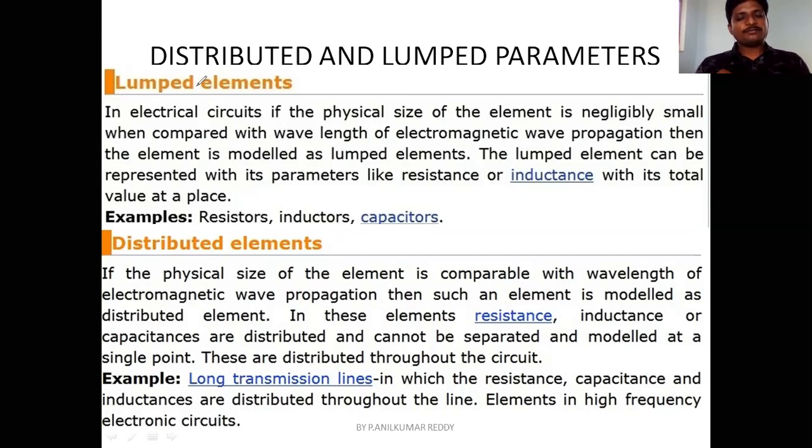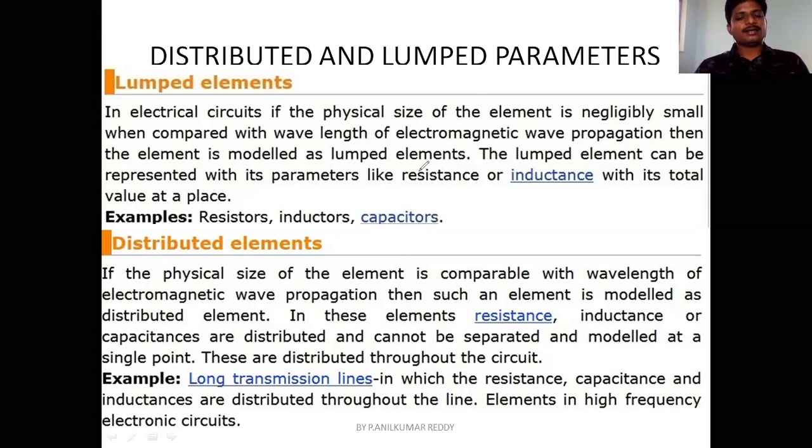Therefore, if the physical size of the system is much smaller than the wavelength of the electromagnetic wave, then that system is known as a lumped system. Lumped system means concentrated system. We take all the resistance as a single value of resistance.